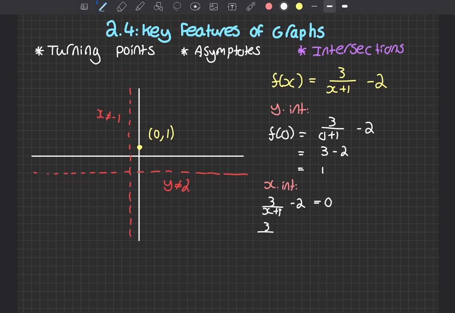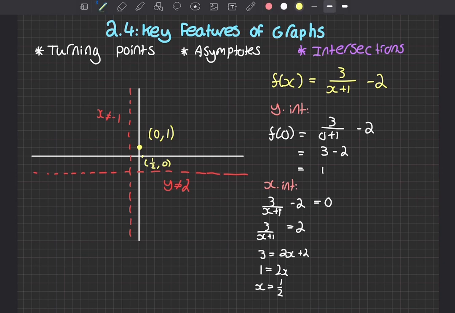And then you just solve for that. So 3 over x plus 1 equals 2. 3 equals 2x plus 2. 1 equals 2x. X equals a half. So at x equals a half, y equals 0, you have your second intercept.